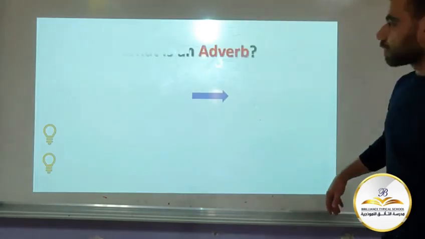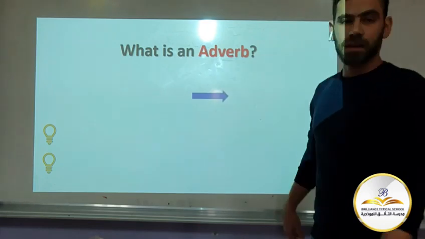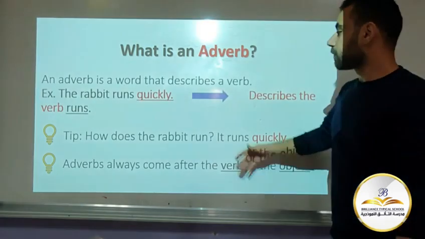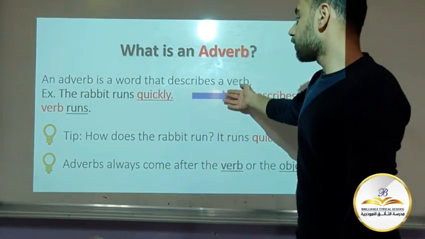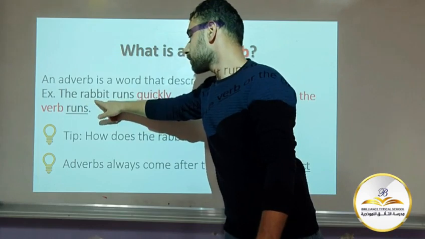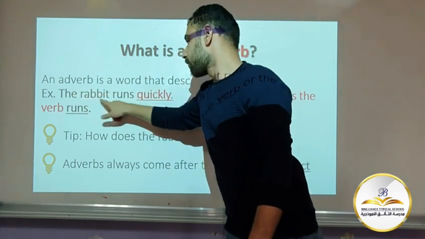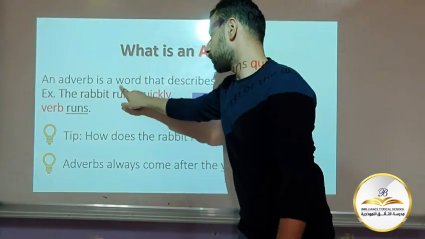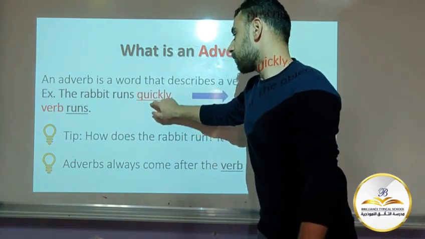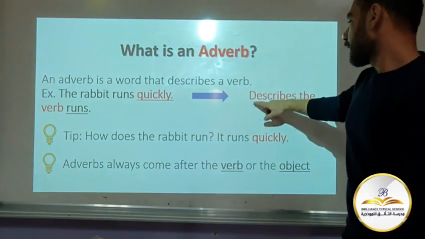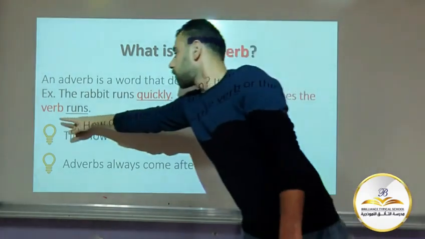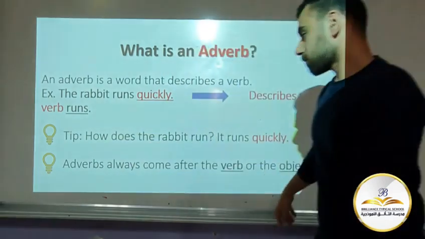But first of all, we need to know what is an adverb. An adverb is a word that describes a verb. Like if I say, the rabbit, which is the noun, runs, which is the verb, and quickly, which is an adverb. This one, quickly, describes the verb, which is runs.